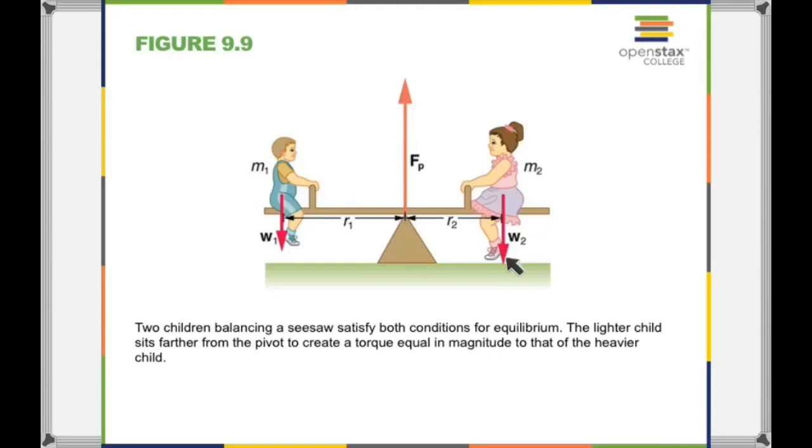When we look at situations, often as in this case, we have a clockwise torque and a counterclockwise torque. The weight of this child is tending to rotate this seesaw in the clockwise direction. So the clockwise torque would be the weight of this child times R2, while the weight of this child is tending to rotate the seesaw in the counterclockwise direction, and that torque would be the weight of this child times R1.